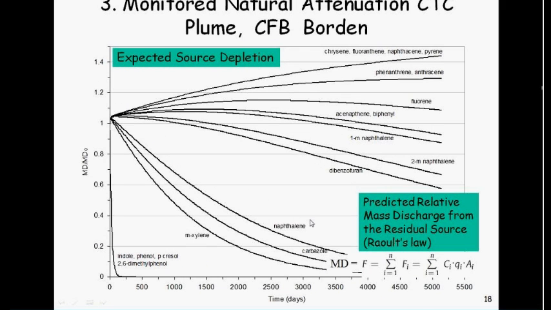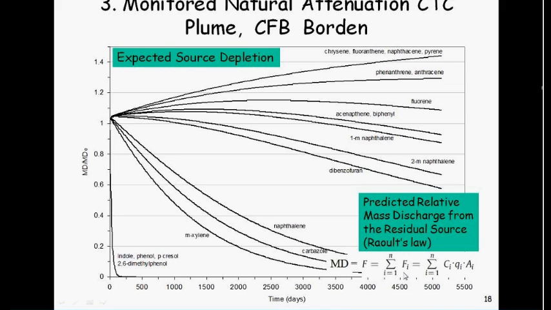Well, what did we expect in terms of the dissolution of the source? This is a funny way to express it, but it's the mass discharge relative to the initial mass discharge. So how would the mass discharge evolve over time? This replicates the shape of the curves if you were just considering concentration. But we were really looking for the mass discharge.